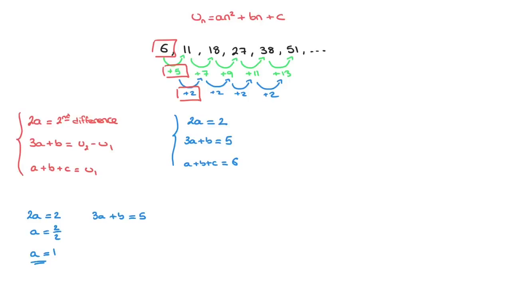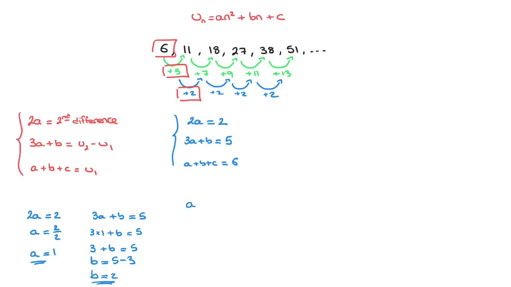Since we know that a is equal to 1, that turns into 3 times 1 plus b equals 5. That's 3 plus b equals 5, and therefore b is equal to 5 minus 3. So finally, b is equal to 2. And now that we have b, we move on to the third equation.